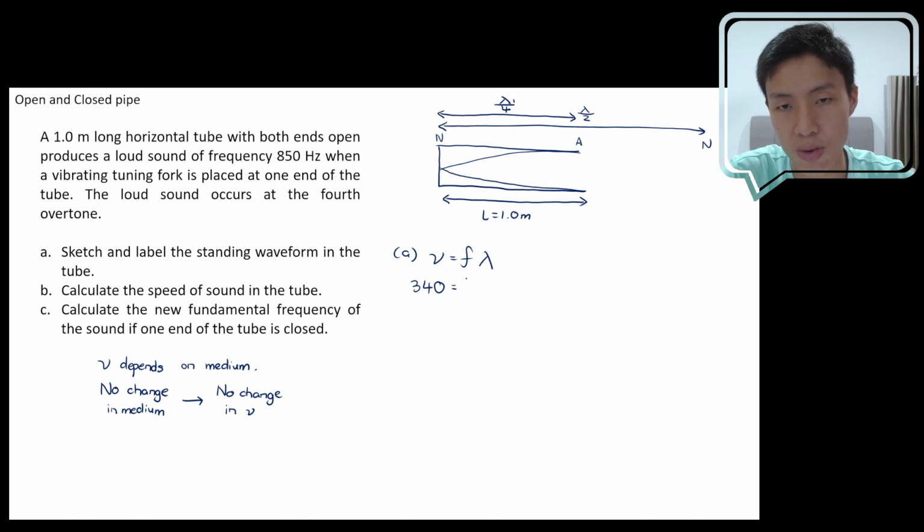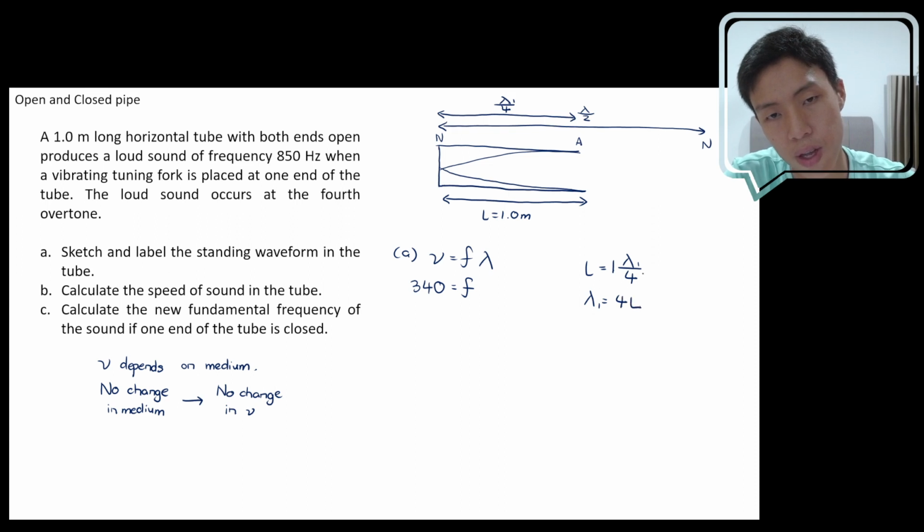Then the frequency is what you want to find. But now for the wavelength, we need to find L is equal to how many times lambda over 4? It's only 1 time lambda over 4. So lambda 1 is equal to 4L. You can write f1 lambda 1 because technically this is the first harmonic, which is the same thing as the fundamental frequency.